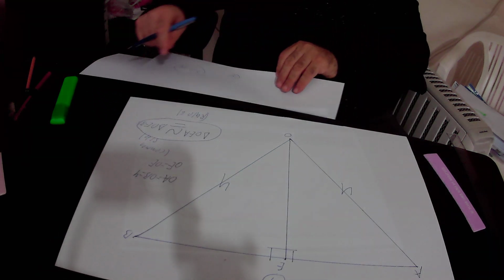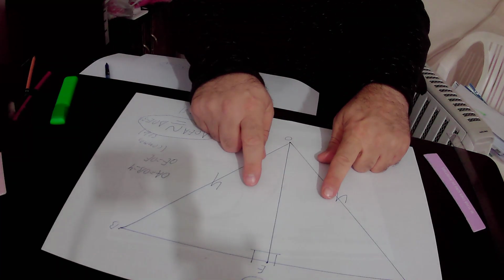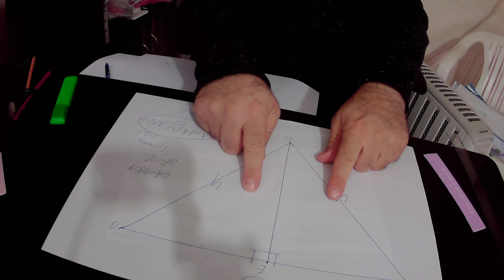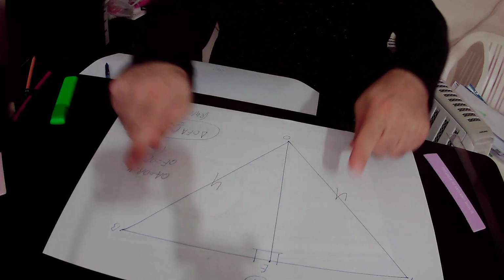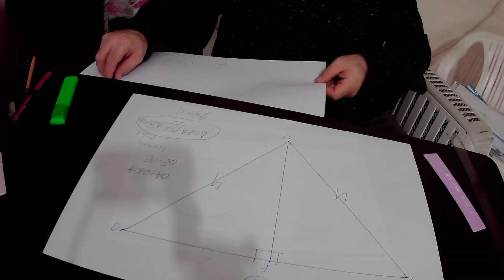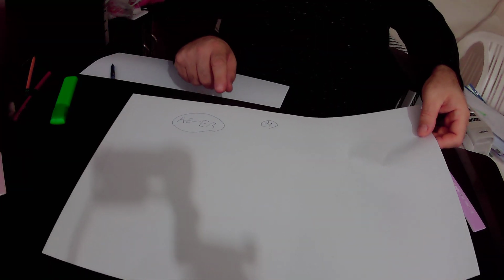So those two right triangles can go into each other, therefore the corresponding sides AE and EB will be equal to each other. That is to say, AE equals EB.